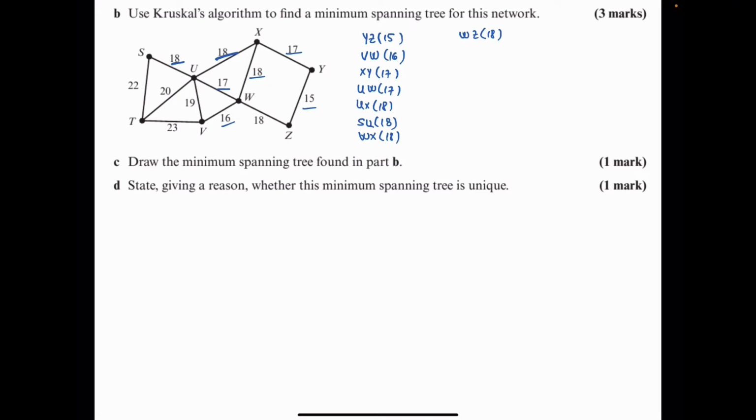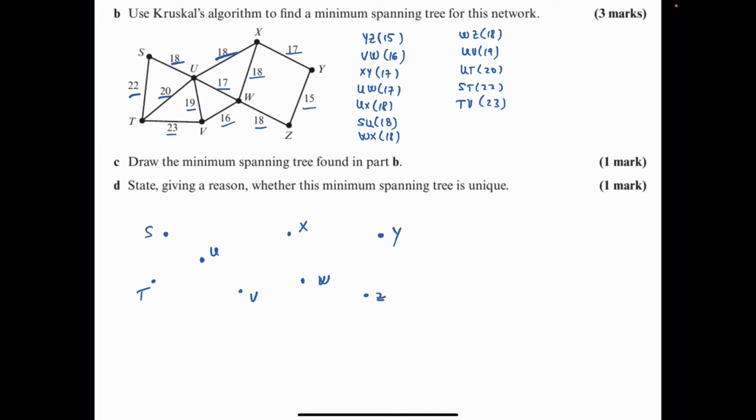Then I have UV, that is 19. Then 20, UT. Then 22, ST. And then TV or VT, 23. Because I need to draw it, I would redraw STU. You will be given these pictures on the paper on your exam, so you don't have to redraw them and lose the time.